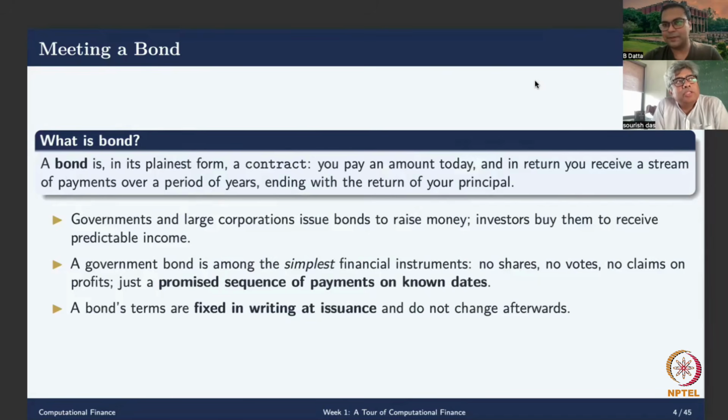Like for a pensioner, if I'm a pensioner, I would like to have, say, 100 rupees every month so that I can continue my livelihood. So from a pensioner's point of view, this is a very good investment instrument to have.